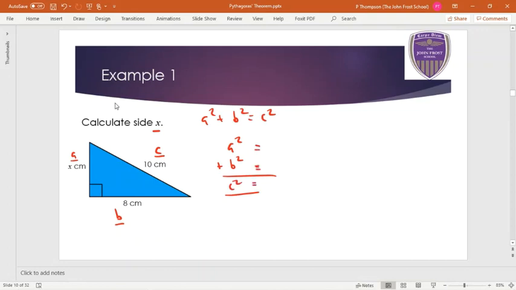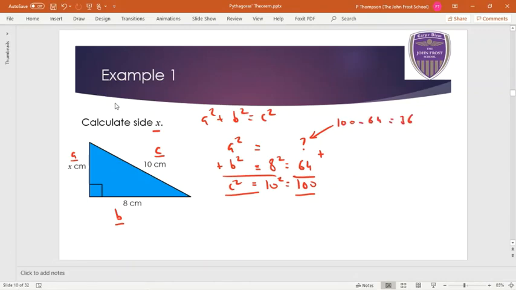At the moment, I can't work out a squared, but I can work out b squared is 64. And I can work out c squared, which is 10 squared, which is 100. Remember, something plus 64 is 100. You can either count on or use a calculator or do it in your head: 100 take away 64, you get 36.